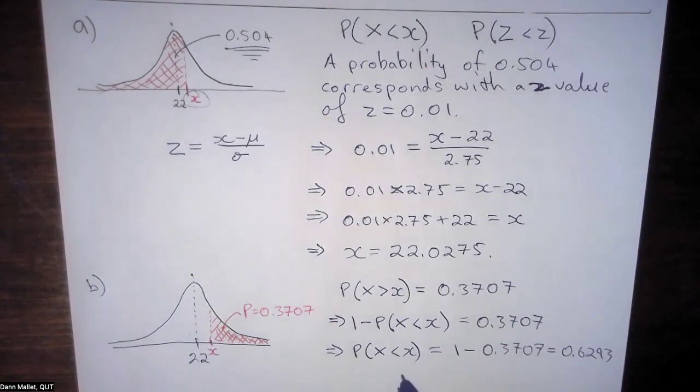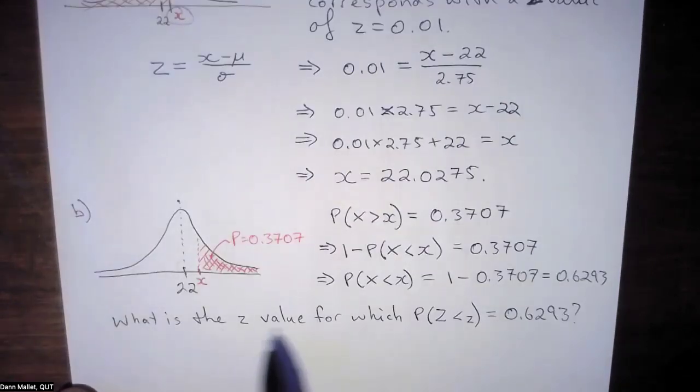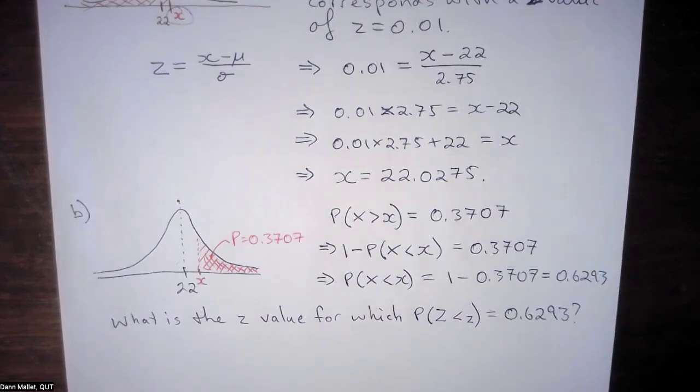Now we're back to pretty much the same problem as we had in part A. So we need to think about standardized values and look at the standard normal cumulative distribution table. What that comes down to is asking ourselves this question: what is the lowercase z value for which the probability that capital Z is less than lowercase z is equal to 0.6293?